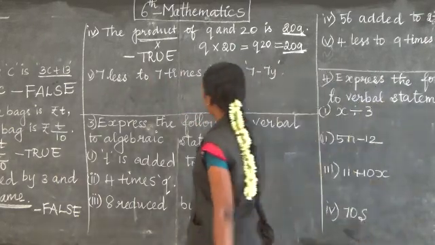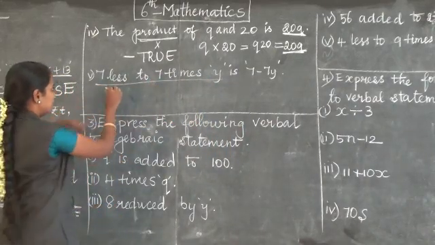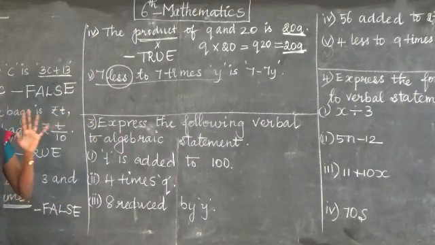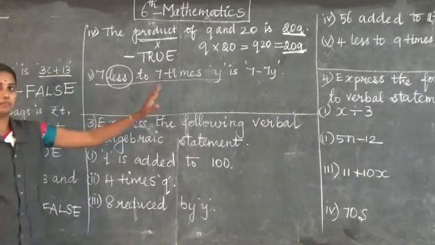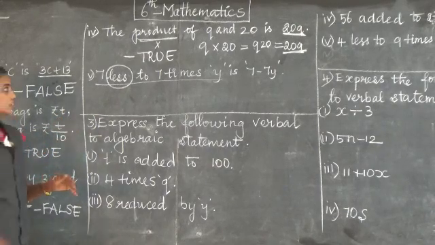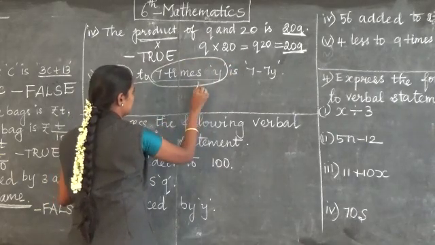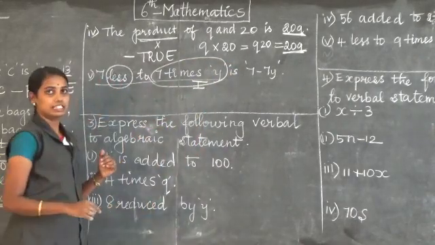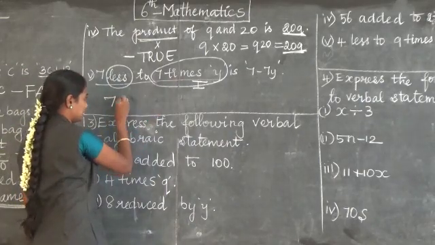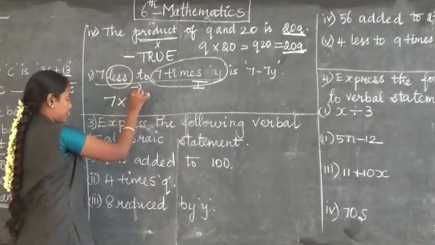Next, option 5: 7 less 2, 7 times y is 7 minus 7y. So first look at the verbal statement. Listen, whenever the word less comes, go from the back. So here first I have to go for the 7 times y. 7 times means multiply, 7 into y. Less means minus.